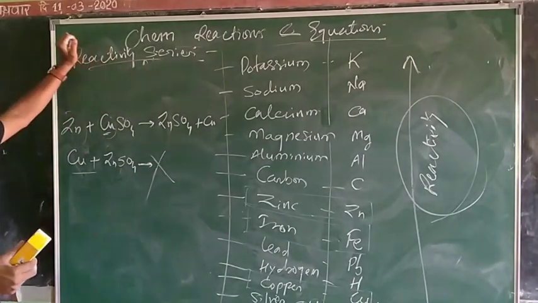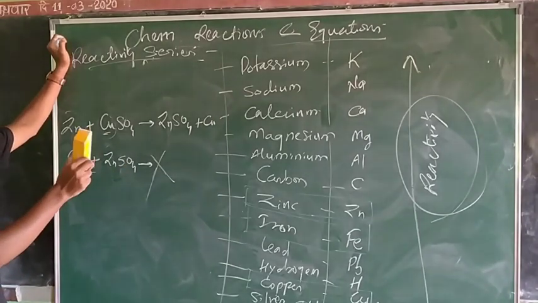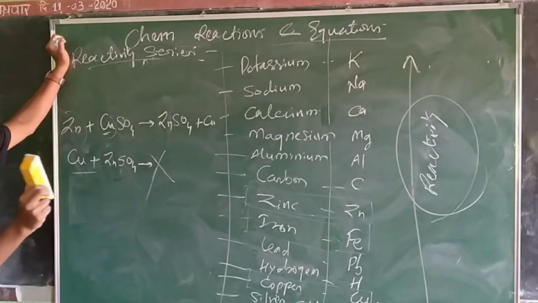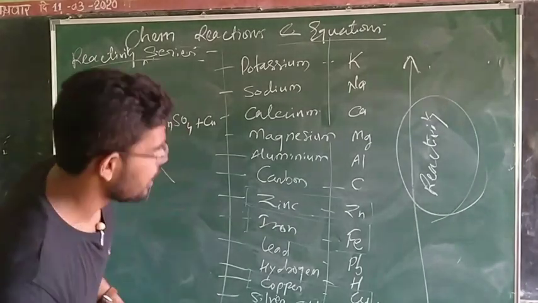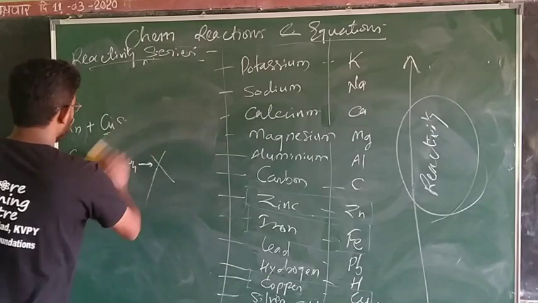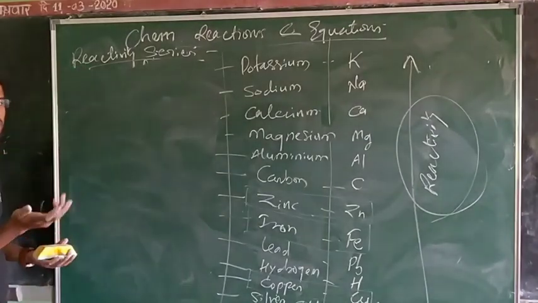Okay, so that is about displacement reactions. If you have understood this part, the reactivity series and the logic behind it, you may try to solve some examples. For a few examples I will give to you, just try to solve them, then we will proceed.